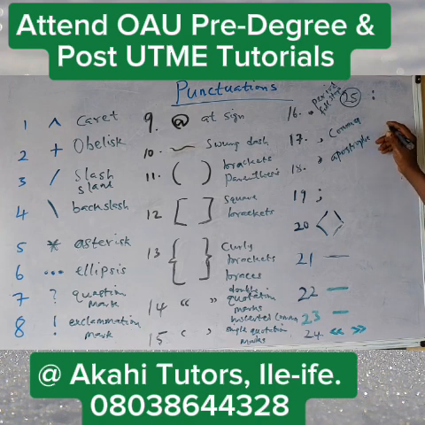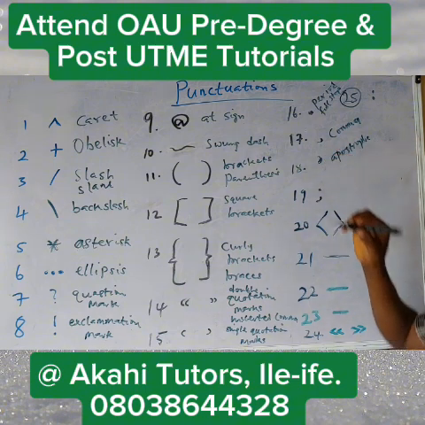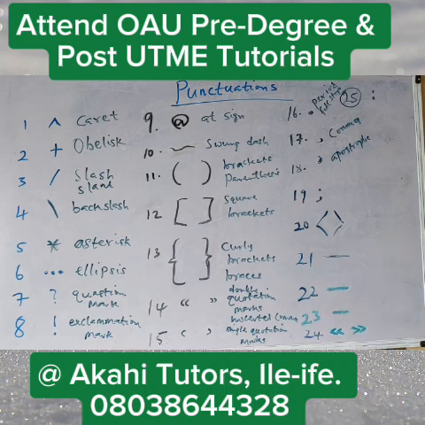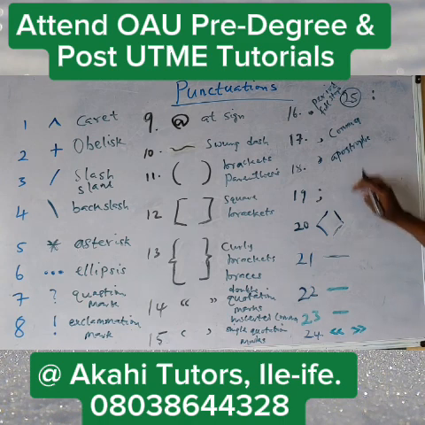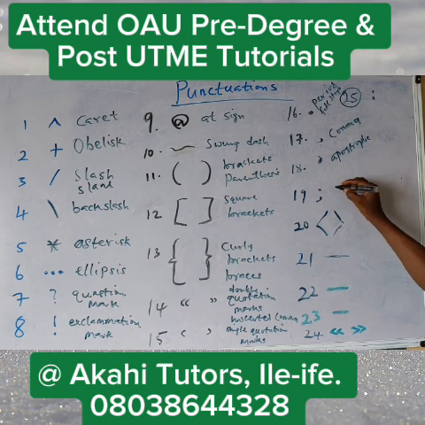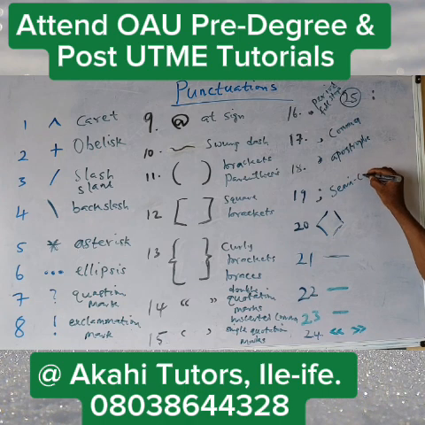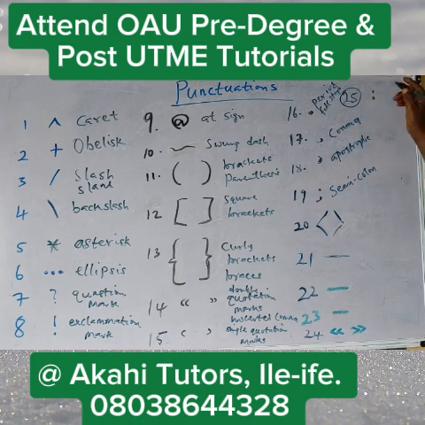Apostrophe is used for possession, like the boy's car, the man's car, the man's house. This one is semicolon. Number 25 here is colon.